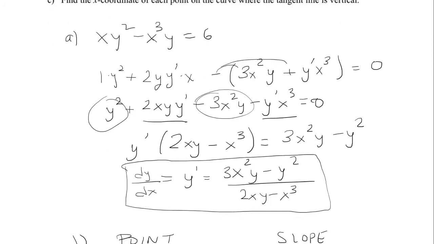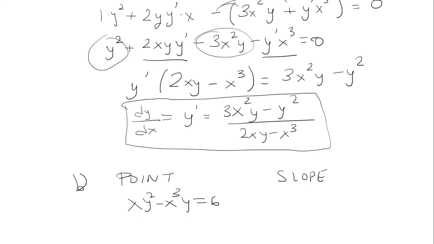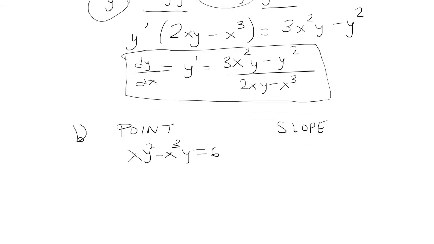So it's xy squared minus x cubed y is 6. So this is my original function. So in order to find what y is, I'm going to plug in x equals 1. So that's y squared minus y equals 6. I'm going to move the 6 to the other side.